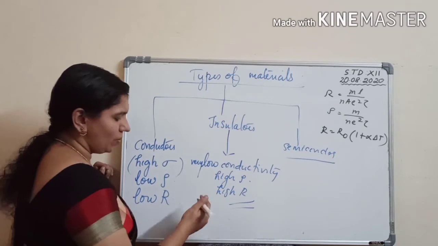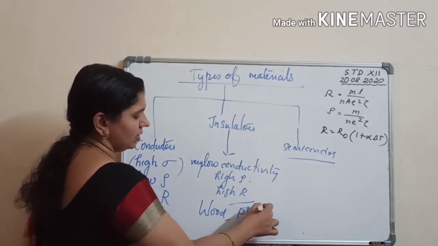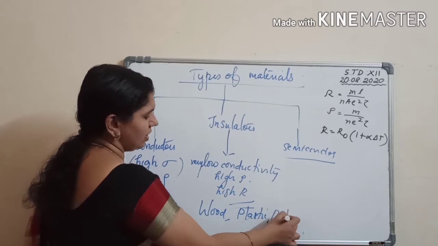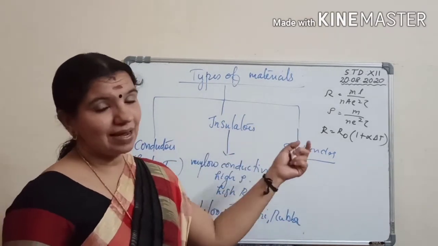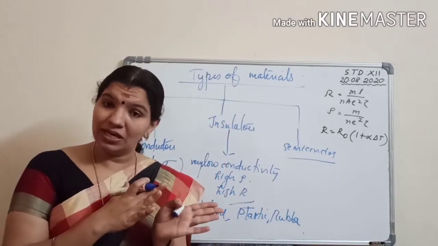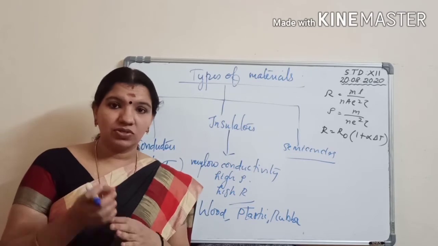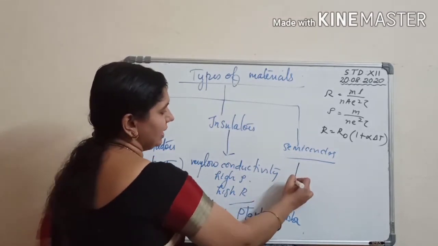Examples are wood, plastic, rubber, etc. Now for semiconductors, the conductivity range as well as the resistivity range lies between conductors and insulators. So semiconductors allow partial conduction.